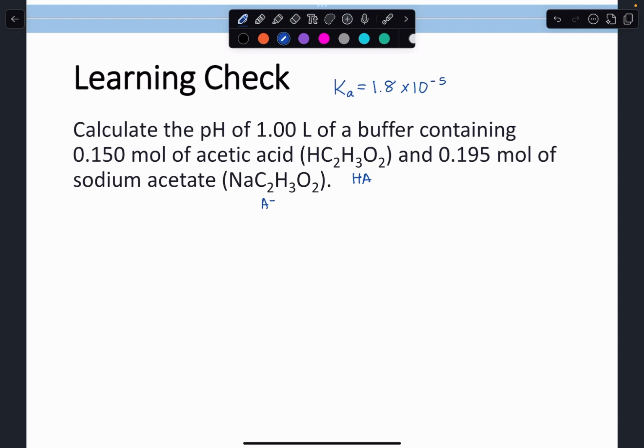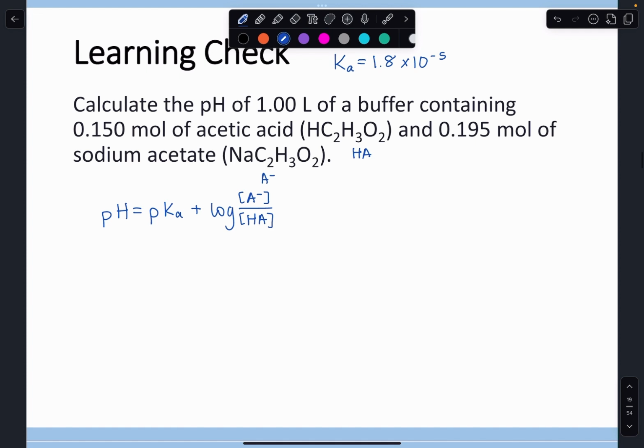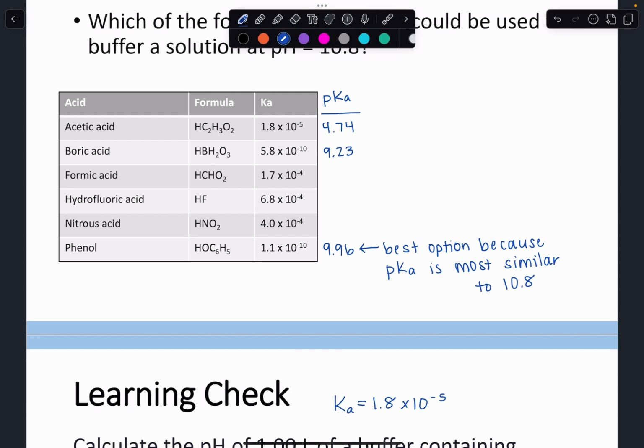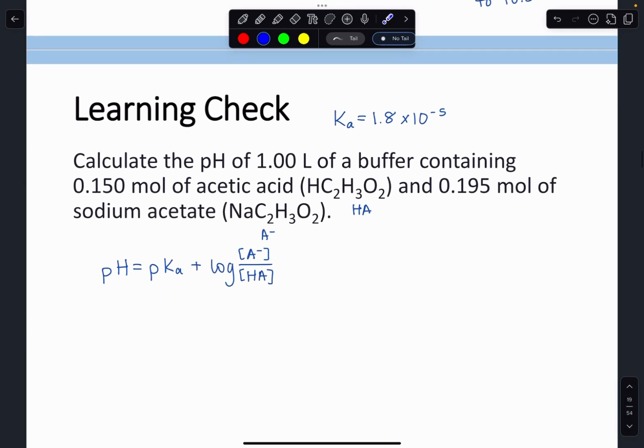So we're really just applying Henderson-Hasselbalch equation again. We would expect the pH to be close to pKa, although we're not adding equal amounts of acetic acid and sodium acetate. But we would expect the pH to be near 4.74, near the pKa.